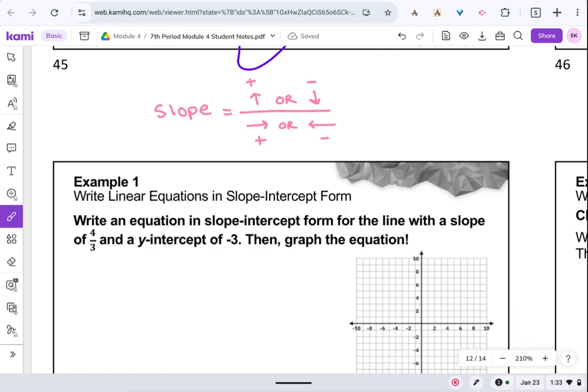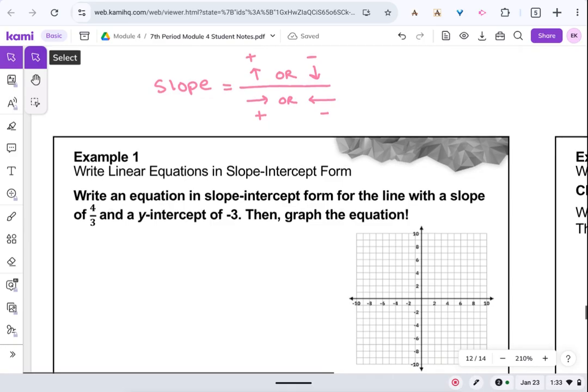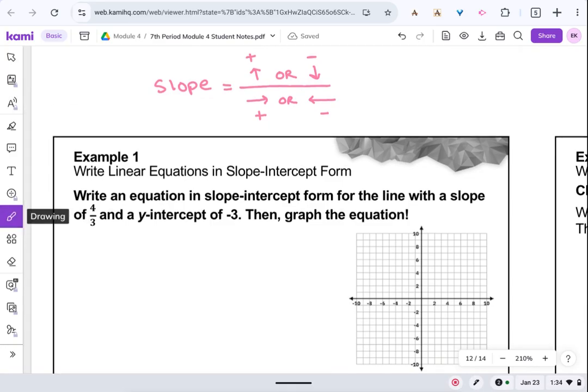Okay, so looking at our first example, we're going to write an equation in slope-intercept form. Okay, so I want it to say y equals mx plus b for a line with a slope of 4/3 and a y-intercept of -3.